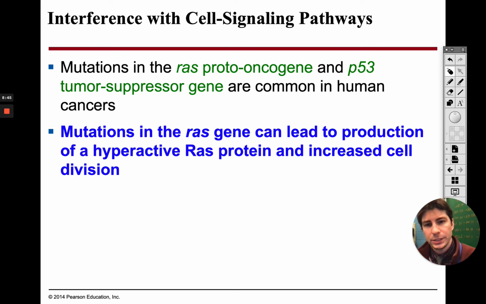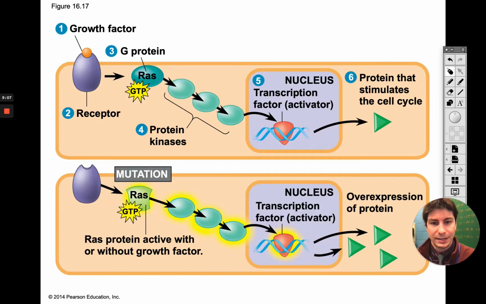Two other genes we're going to go over: there is a RAS proto-oncogene and a p53 tumor suppressor gene. These are ones that are common in human cancers. Mutations in the RAS gene can lead to production of the hyperactive RAS protein, and then the cell just keeps dividing.